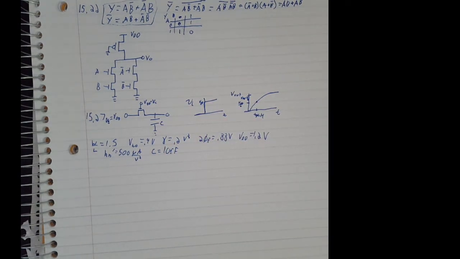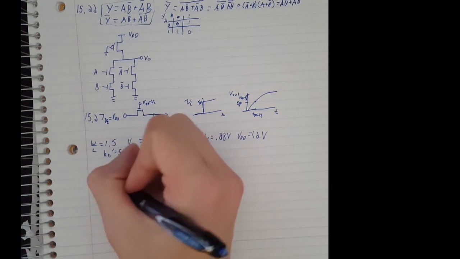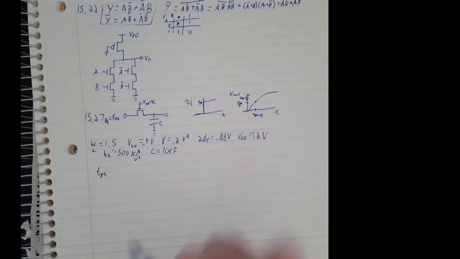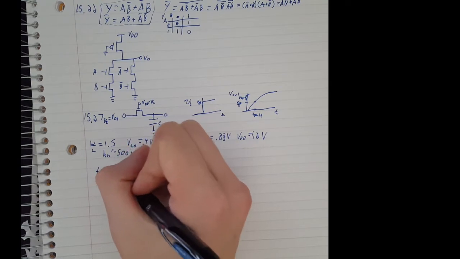So what we're going to want to do is use the average current method. I'm going to find tplh.